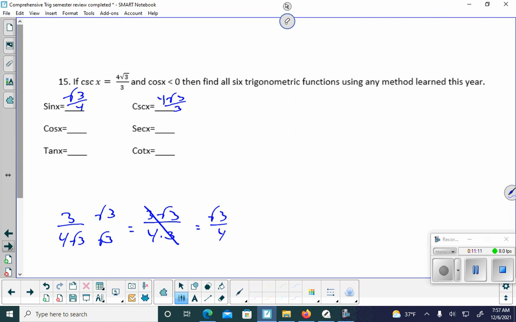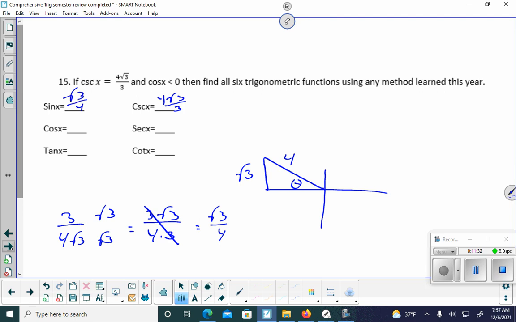Next thing I'm going to do is probably draw a triangle. And if I draw a triangle, I know my sine is positive, my cosine is negative, which puts me in the second quadrant. If I'm looking at this, my sine is the square root of 3 over 4, so opposite over hypotenuse.